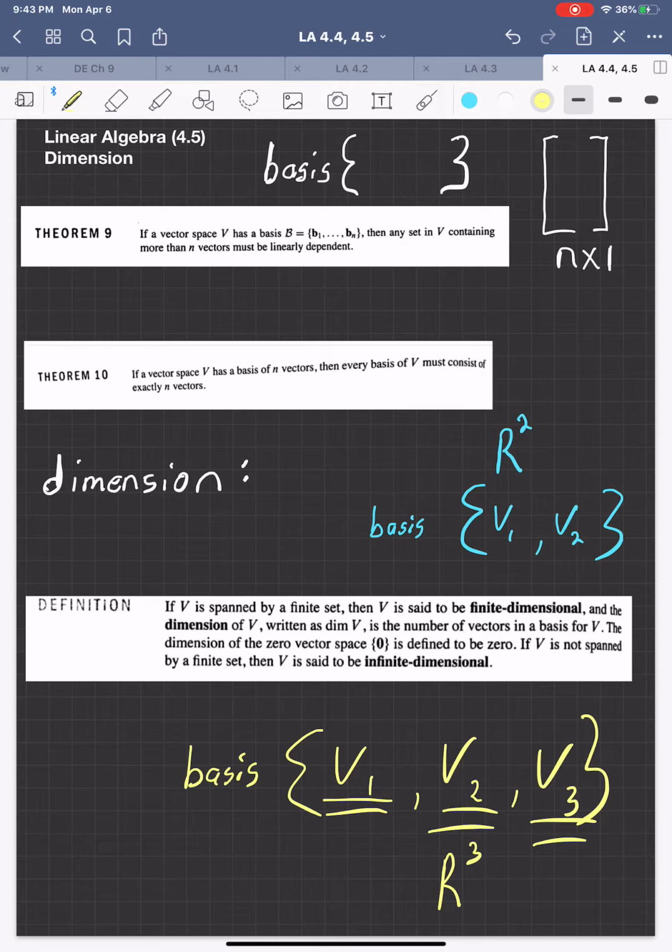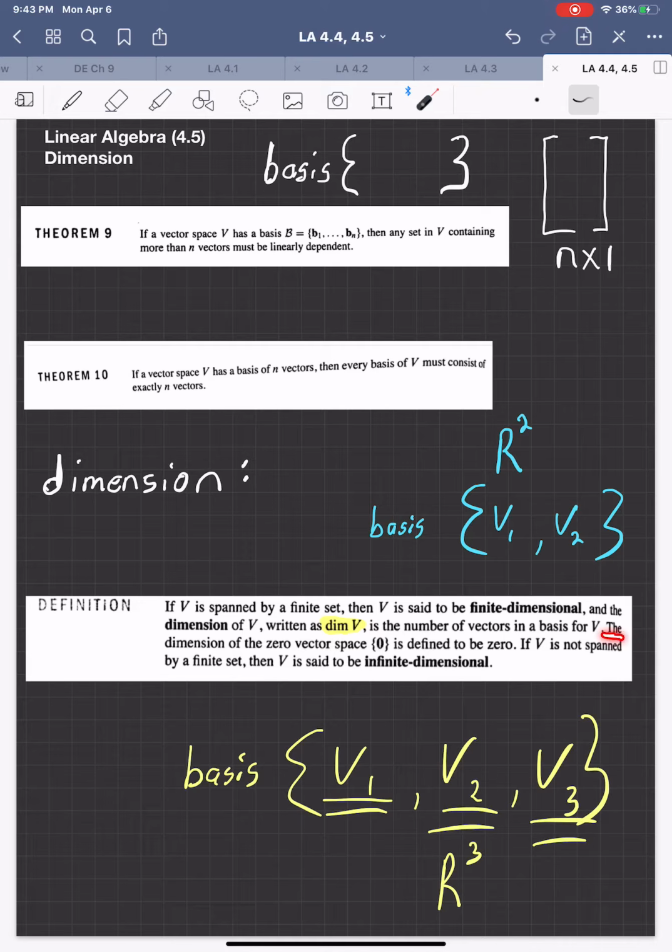Okay, so I'm going to highlight how we denote the dimension of a vector space, and that way you just have that highlighted. Now let me talk a little bit about some other cases.